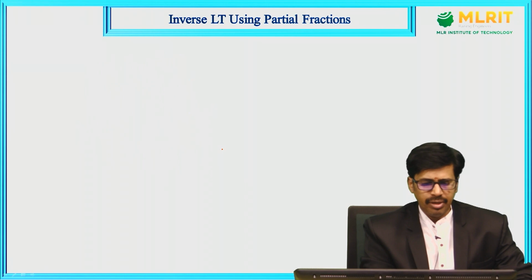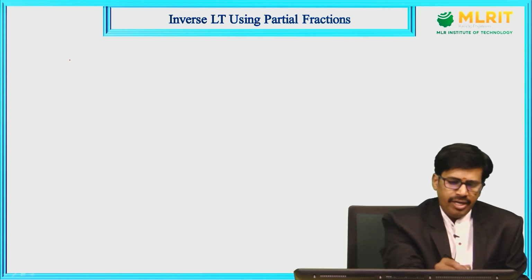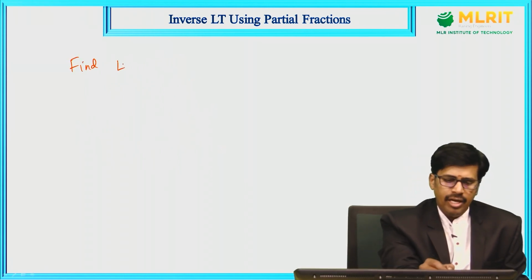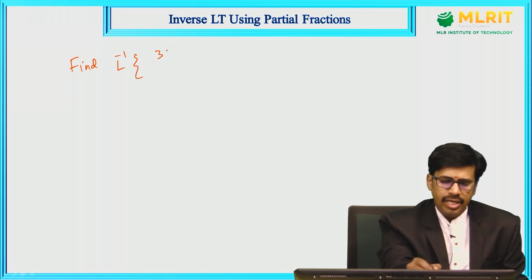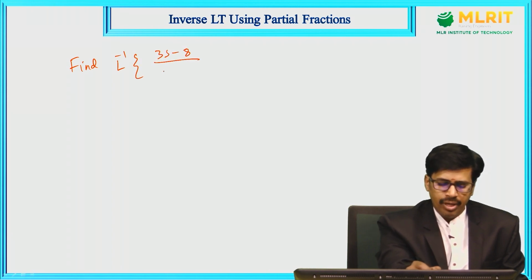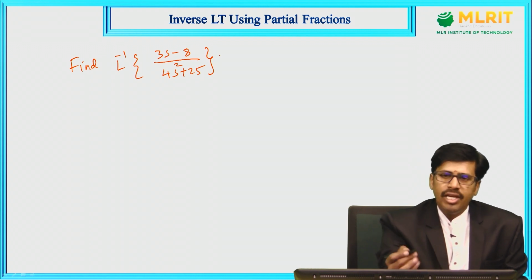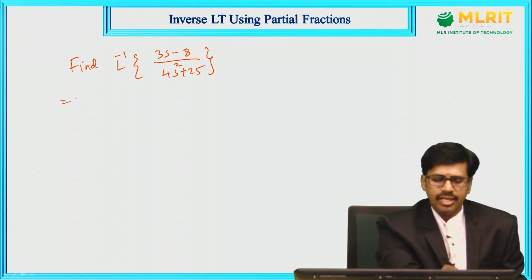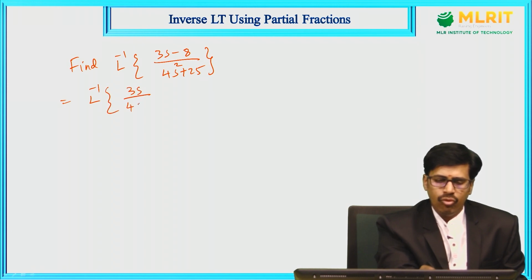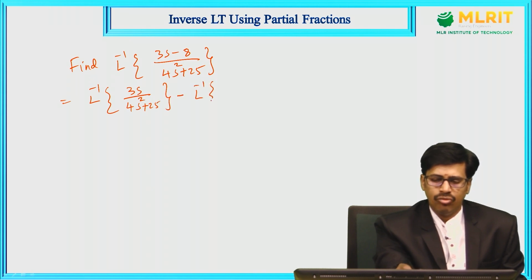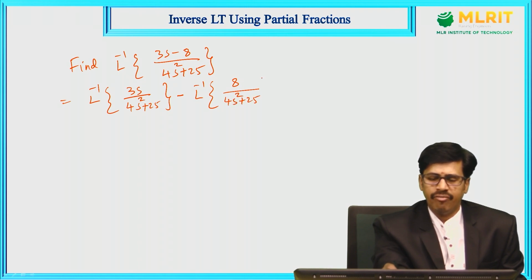Let us see one example. Find L inverse of 3s minus 8 upon 4s square plus 25. So, using linear property, we can write this as L inverse of 3s by 4s square plus 25 minus L inverse of 8 by 4s square plus 25.